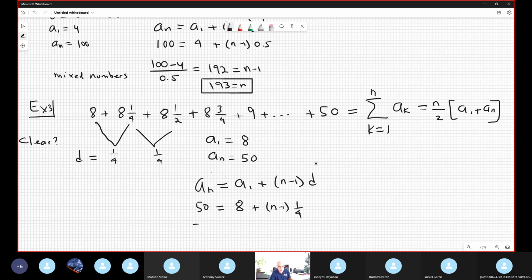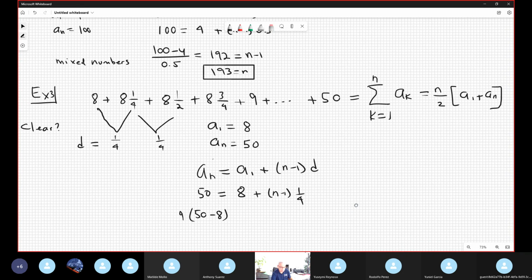So actually 50 minus 8 times 4, because when you move that 4 like a cross multiply, it is n minus 1.